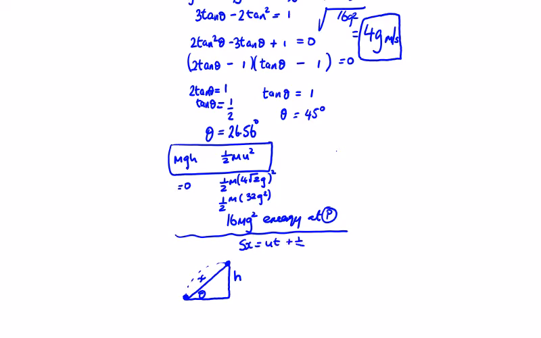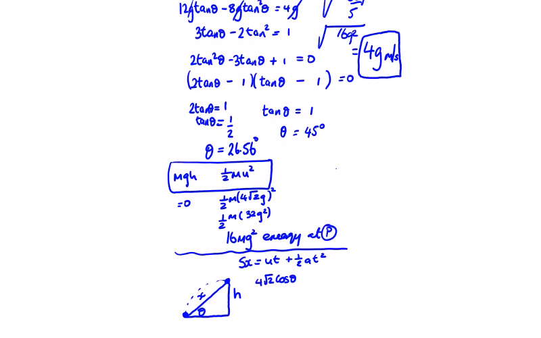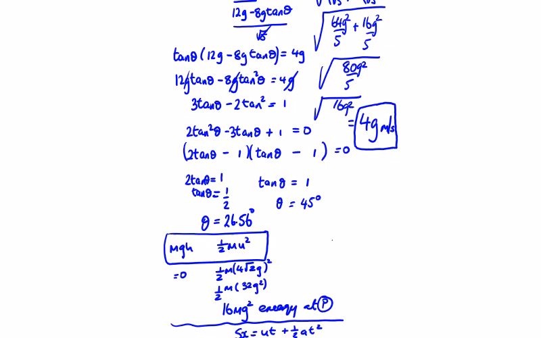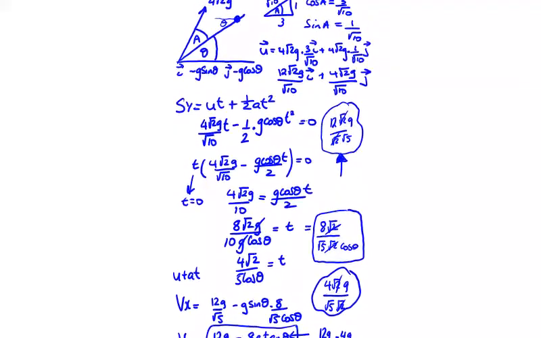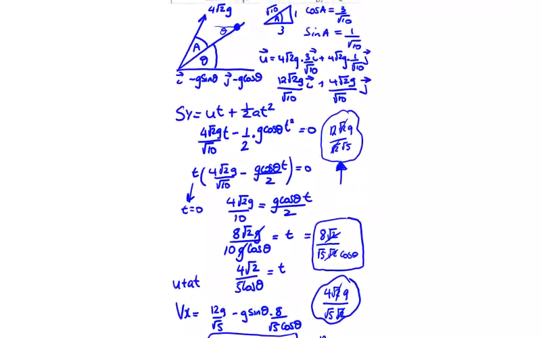We have all of these values. The u was 4 root 2 by the cos of theta. That was the angle A, wasn't it, from above, times t, minus 1 over 2 times the acceleration, g sine theta.